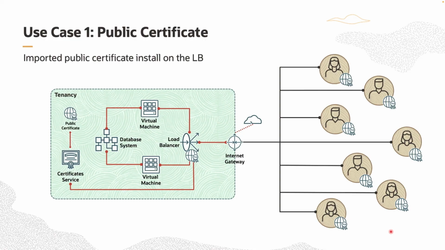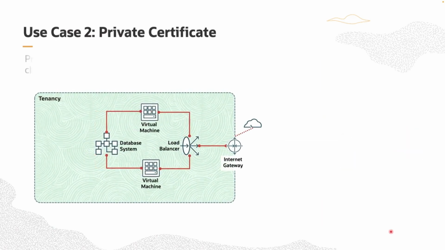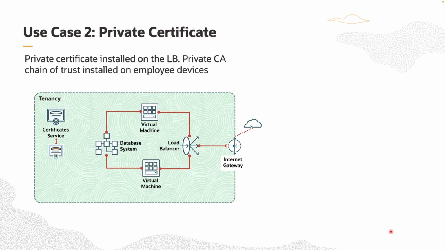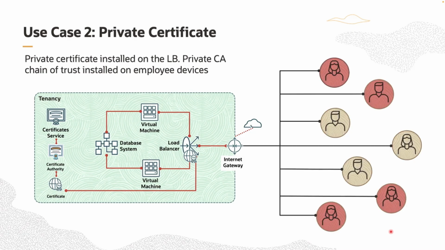And if you want to narrow down your scenario to private certificates, then you can create your own certificate authority, create a certificate and attach it to the load balancer. In this case, the certificate will not be trusted by everyone. Therefore, suppose a few of them are your employees and you have control over their devices, you will then install a chain of trust for your private certificate authority.